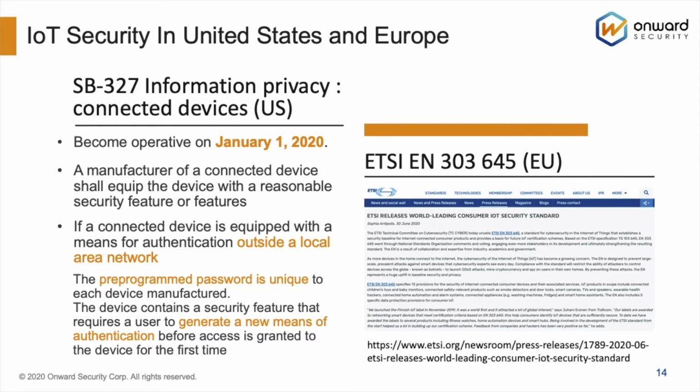I think the most important one is this: if you have authentication outside the local area network, you should use a different unique password for each device, or you have to ask the user to generate or reconfigure a new password for their login interface.